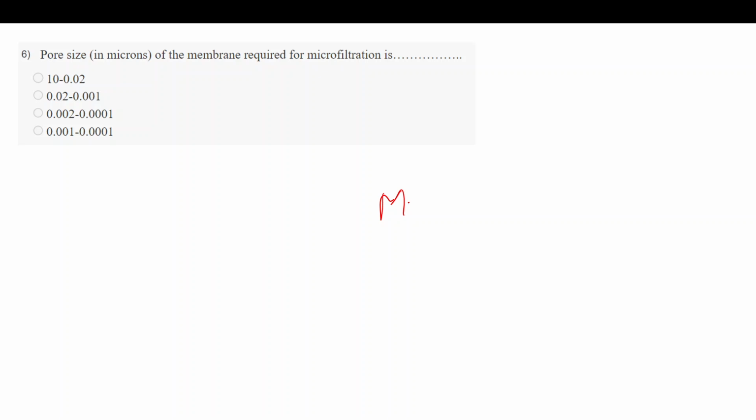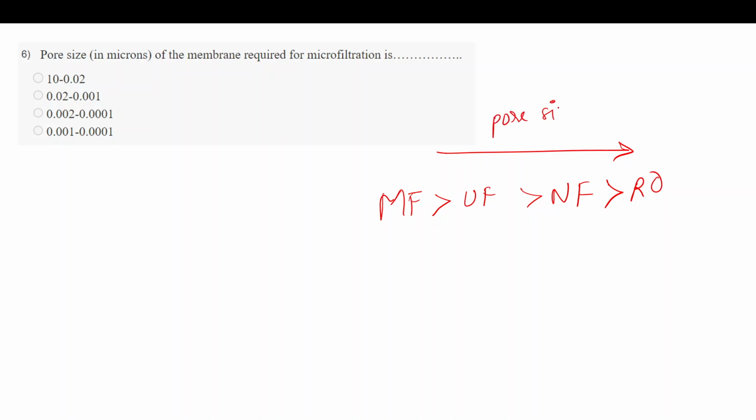So first is microfiltration, which has the highest pore size. Then comes ultrafiltration, which has somewhat lower pore size than microfiltration. Then nanofiltration, and last is reverse osmosis. So in this direction, the pore size reduces.